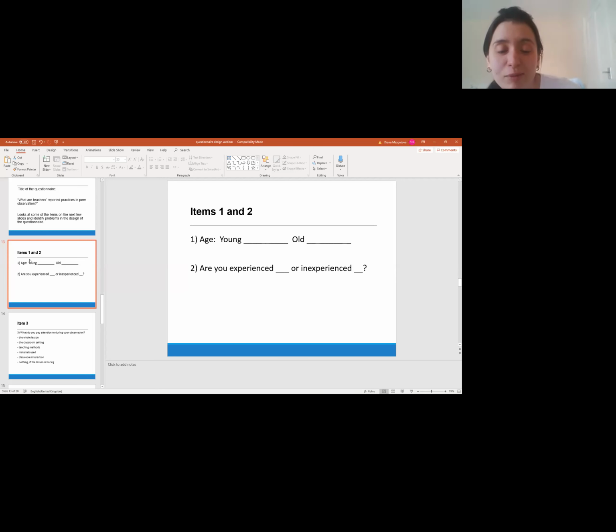And then you could give them the options, for example, the boxes, which would give the range of ages, which would not necessarily ask them to write their exact age, because some people might be embarrassed to write their exact age. So that's why it's good to give the options. For example, 20 to 24, 25 to 29, 30 to 34, 35, and so on.